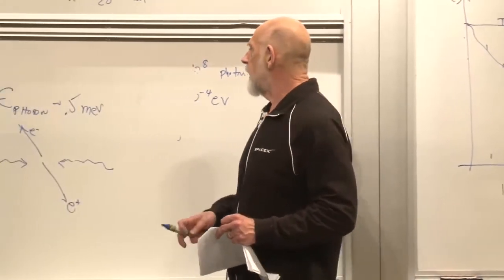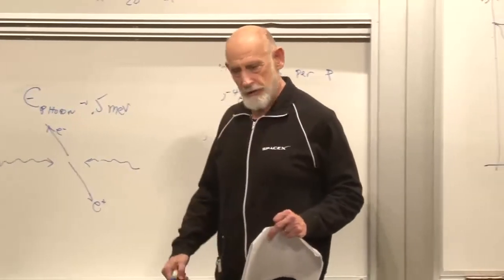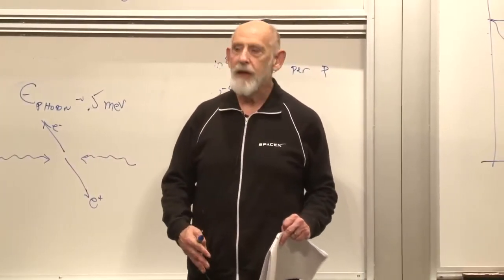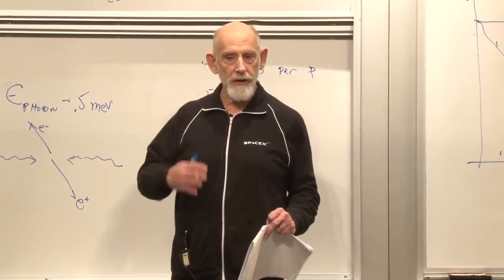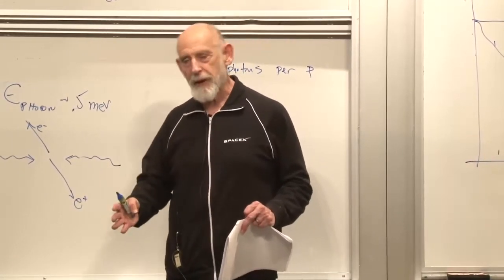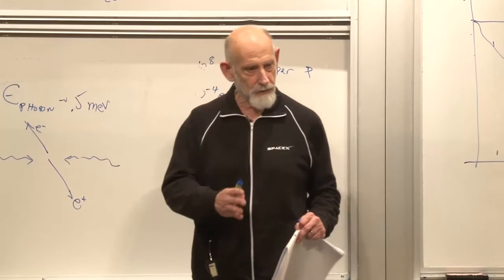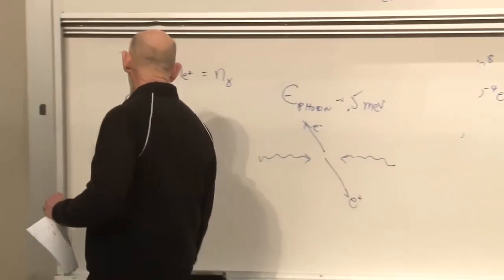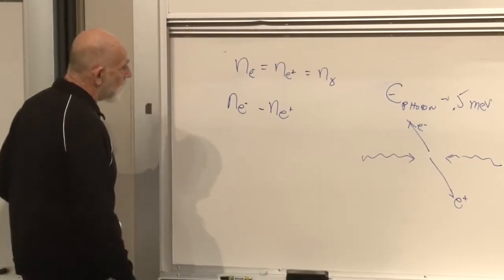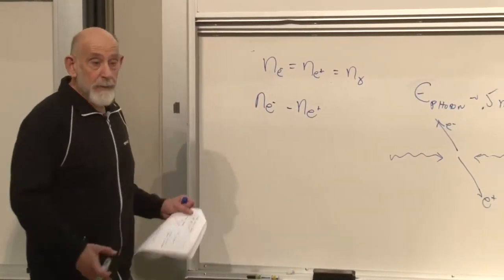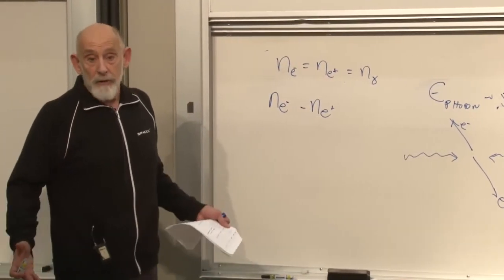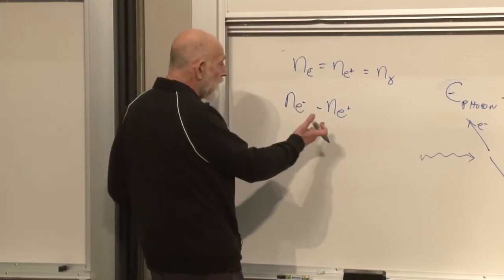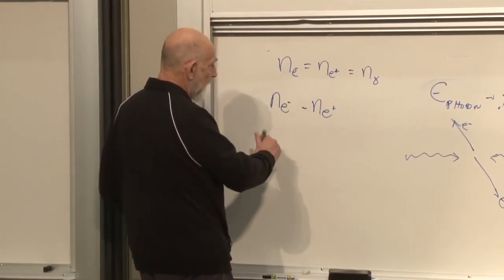What does change is the sum of electrons and positrons. When a collision takes place, it creates an electron and a positron. So the electrons plus positrons increase, but the electrons minus positrons, the excess of electrons over positrons, does not change. So the number of electrons minus the number of positrons is basically today the number of electrons. Whatever the number of electrons today is, it was originally the number of electrons minus the number of positrons.